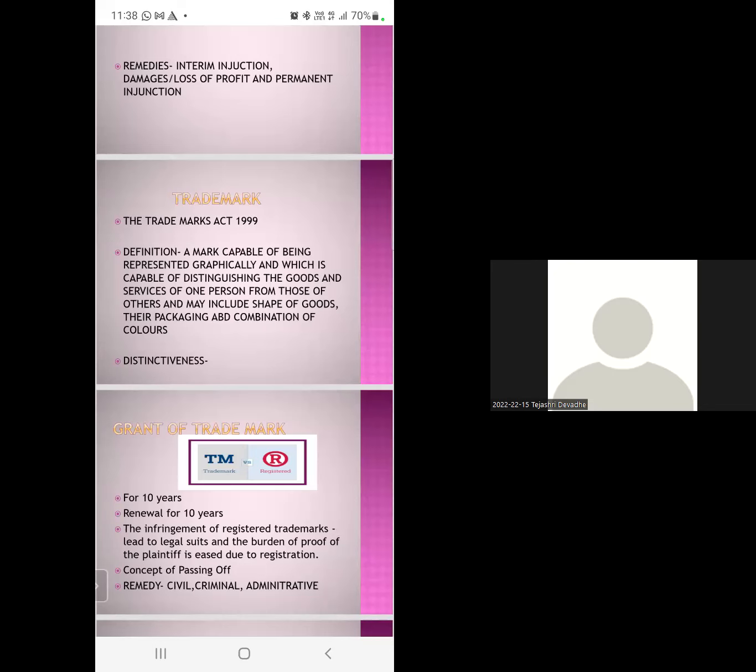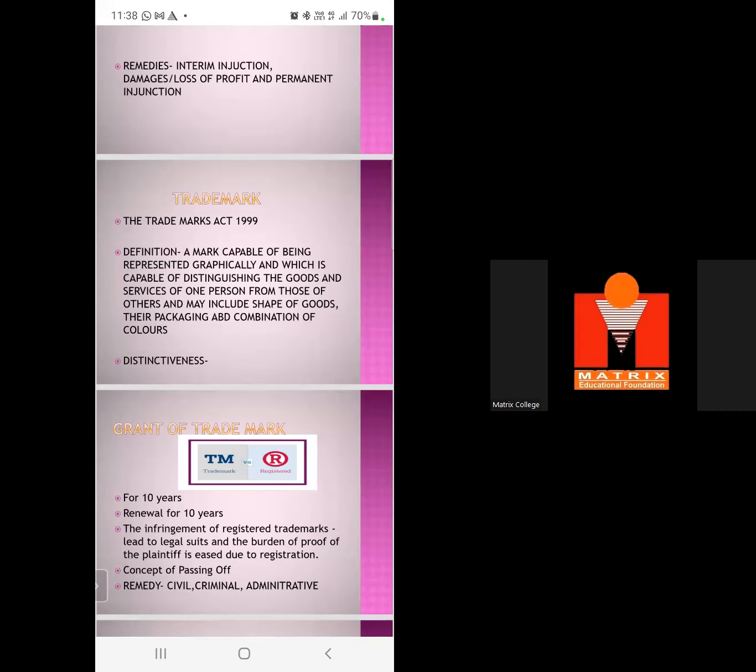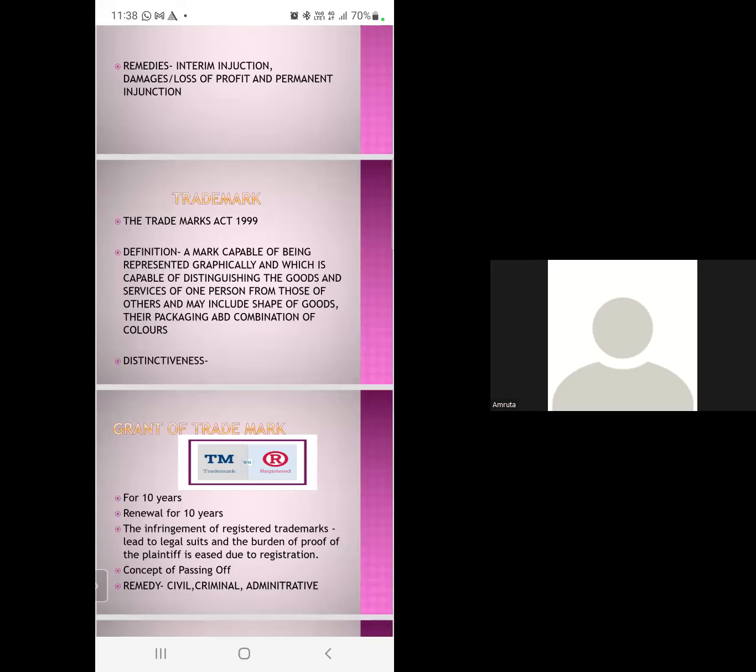You cannot use common words. For a dentist, you cannot use words like tooth, teeth, or similar. Or if it is a bakery, then you cannot use the word bakery for a trademark. Of course, you can use anything as your brand name. However, for getting the trademark there should be some distinctiveness.